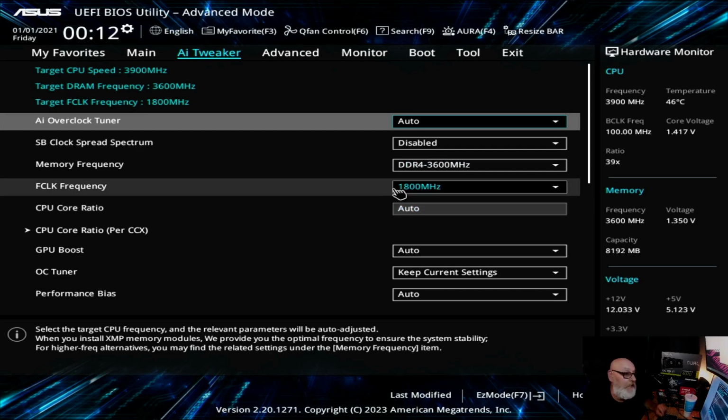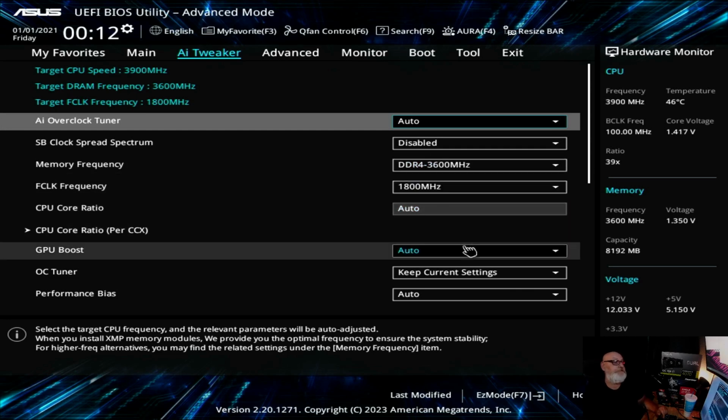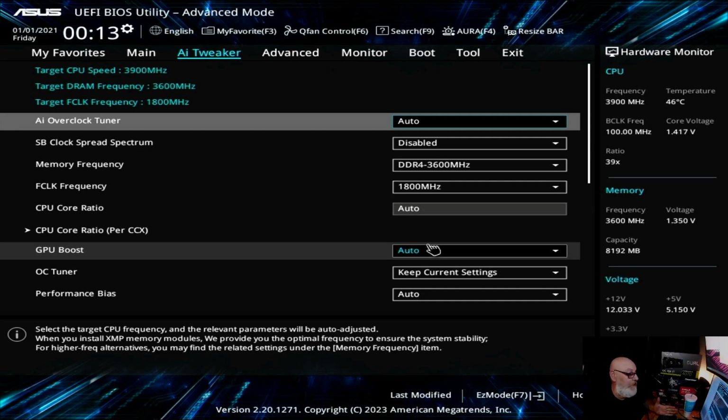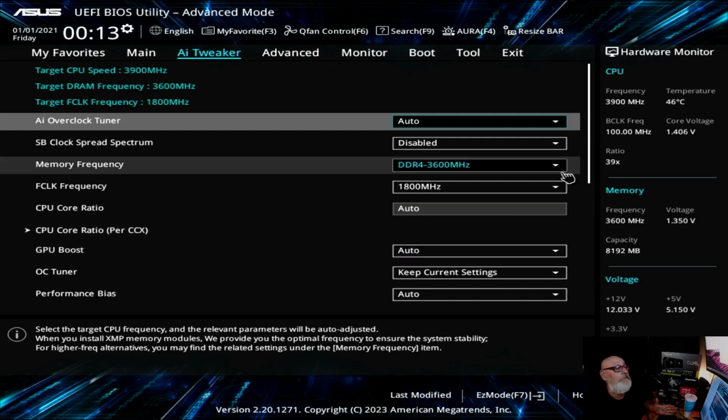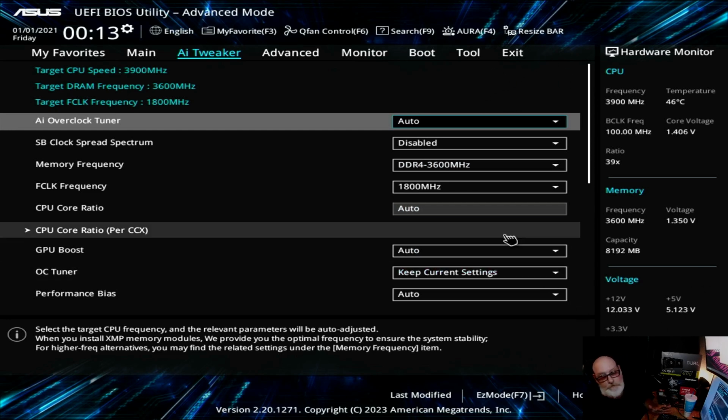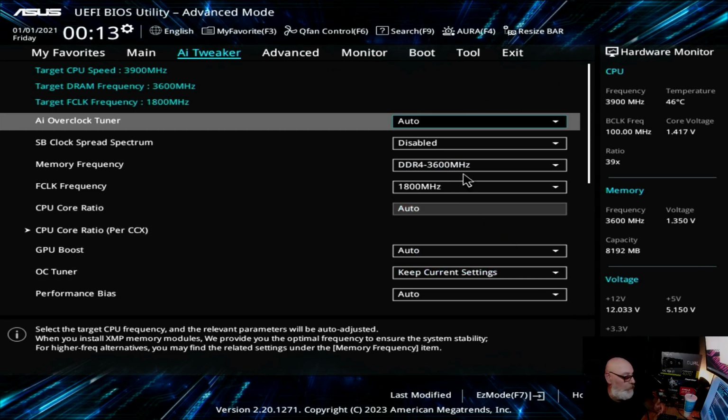So the only way you'll know now if it's unstable is in Windows, which I don't think it's going to be. I think it's going to remain stable. So we're using 3200 megahertz RAM. We went all the way up to 3600 megahertz. Well, shoot. What we'll do is end the video right here so we don't make it a long video. So we'll end, I'll give you my conclusions and then we'll go from there.